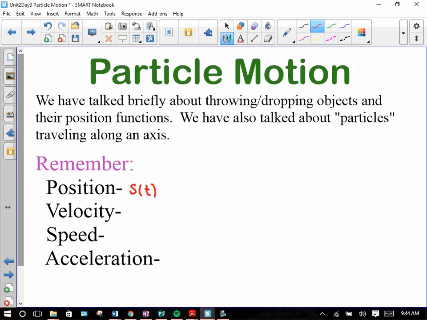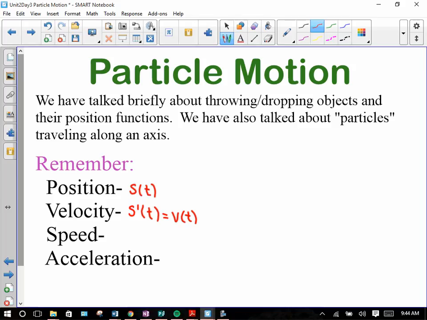Our velocity function is the first derivative of the position function. So we represent the velocity function as s prime of t, or just v of t. But the big thing you want to remember is that velocity is the first derivative of position.